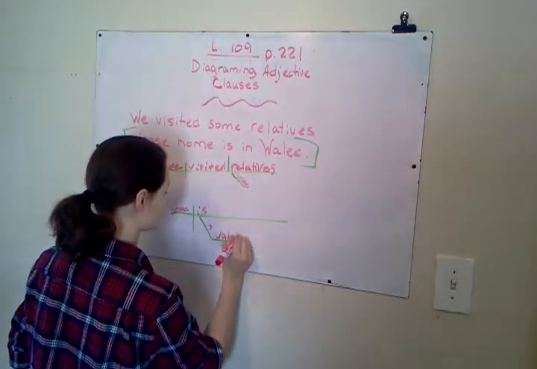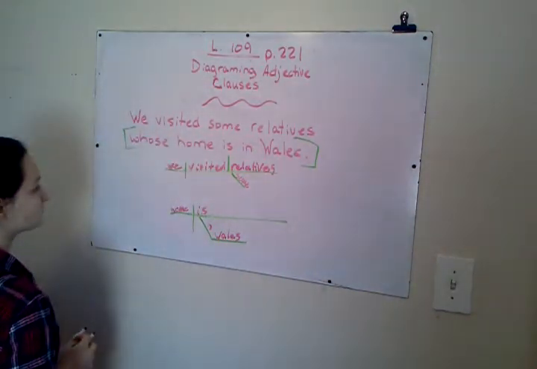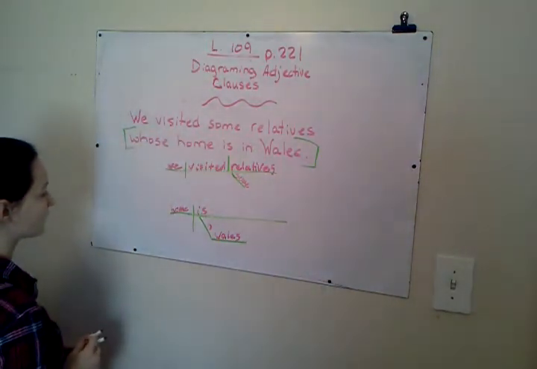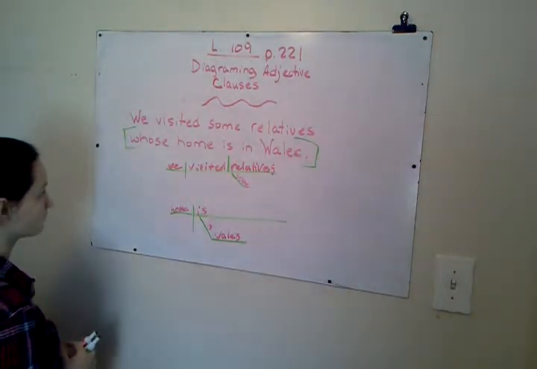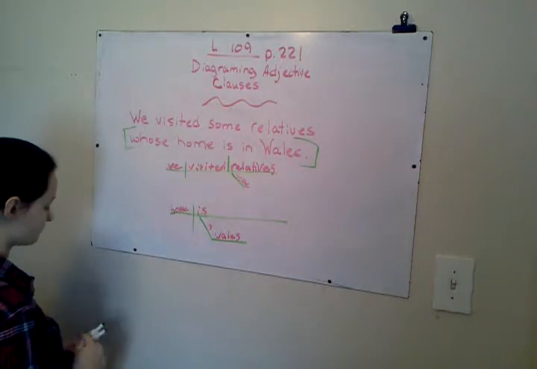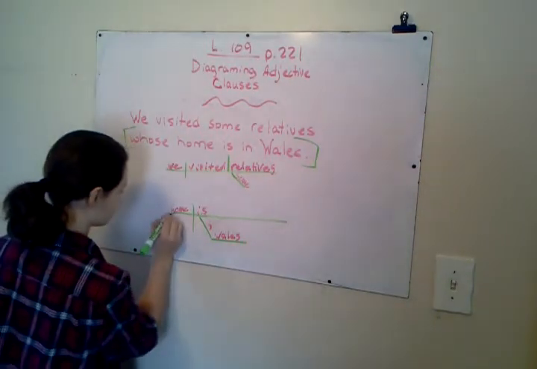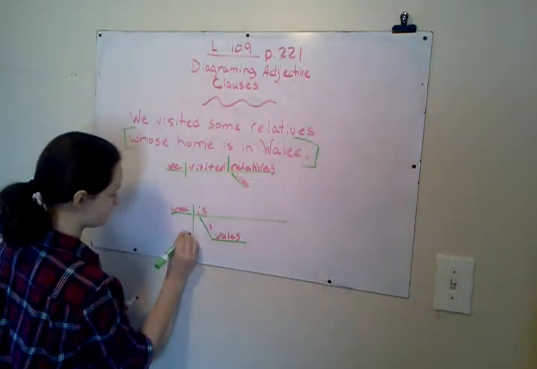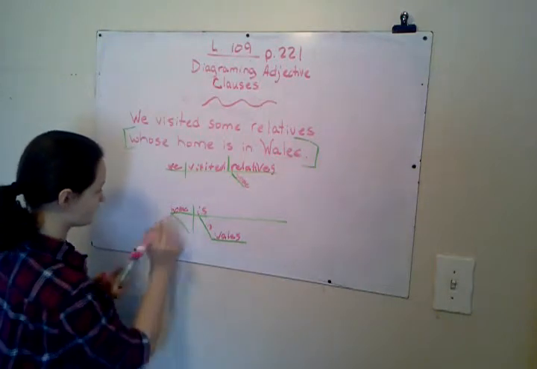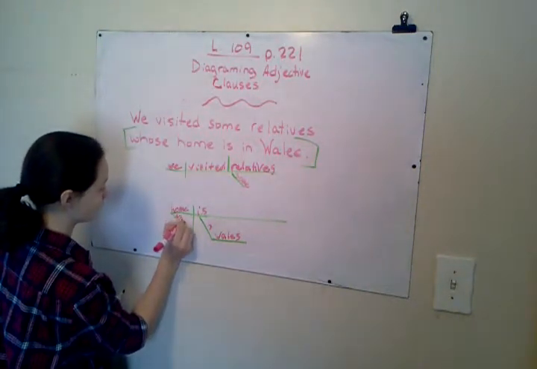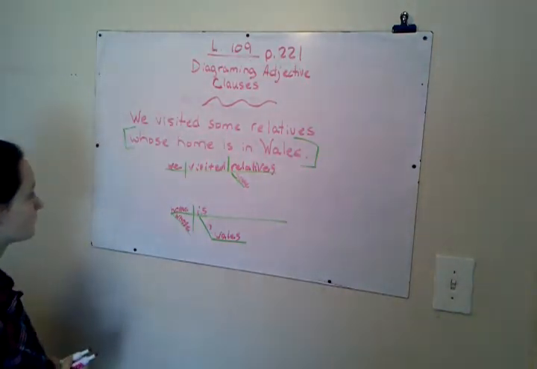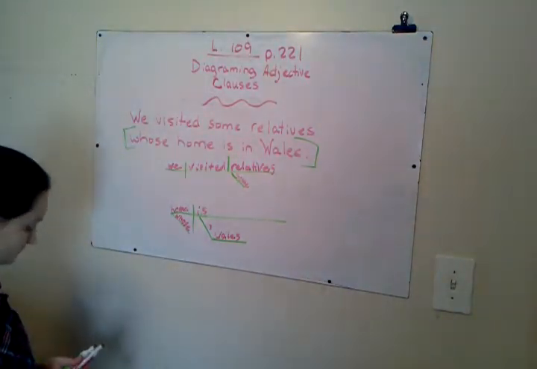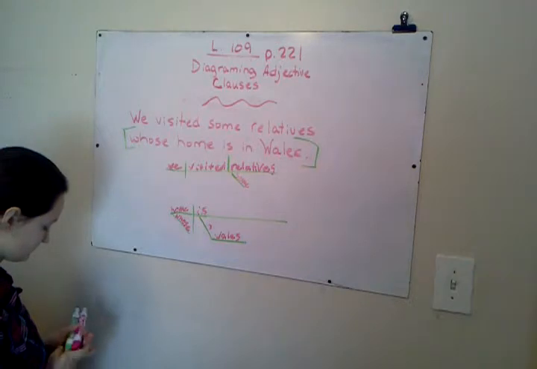Now, our relative, whose, in this construct, whose is doing an adjective job, and it's modifying home. Whose home? Whose. So whose hangs on an adjective line beneath home. Notice how the relatives do different jobs in the sentence. They all have a job to do in the sentence. Sometimes they're objects of prepositions. Sometimes the relative is the subject of the sentence.